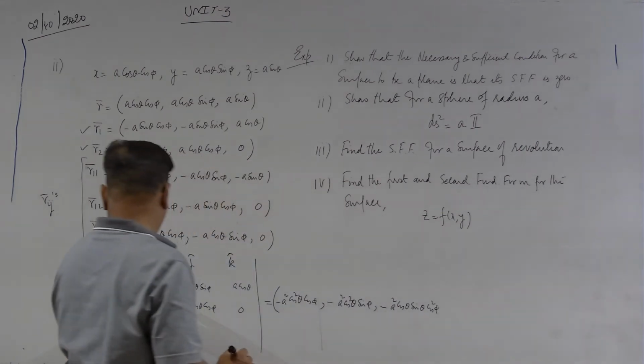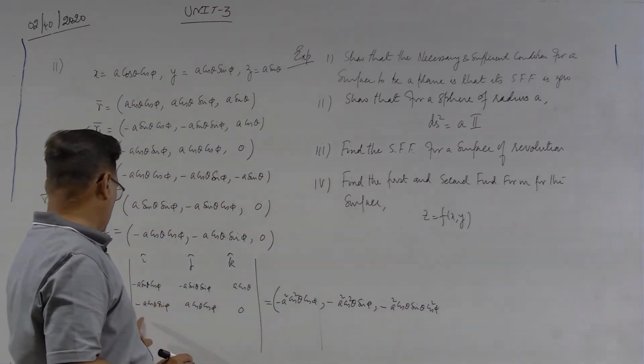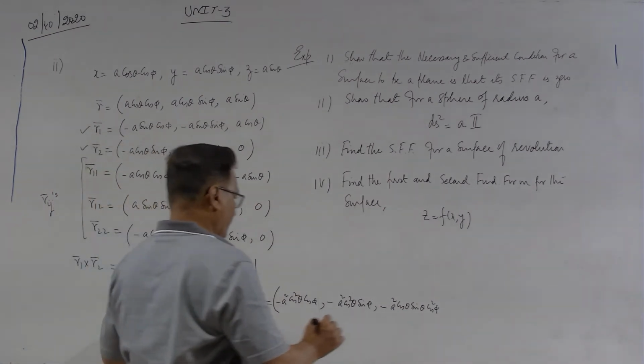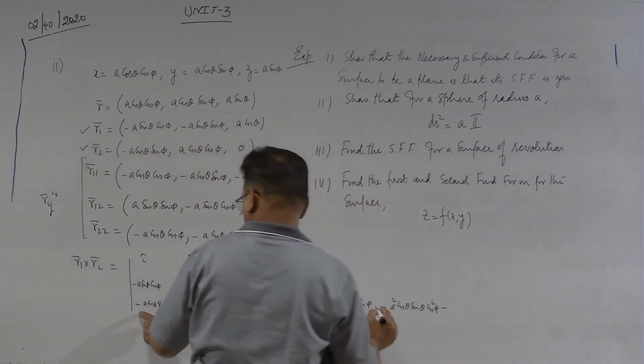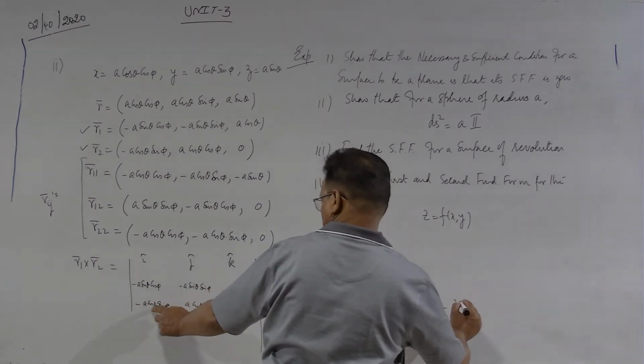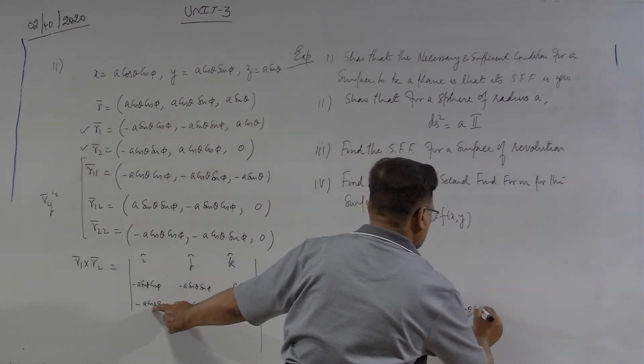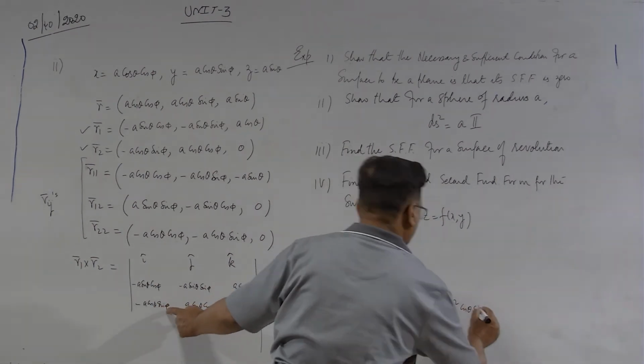Then minus, and then minus once again a square cos theta sin theta into sin square phi.